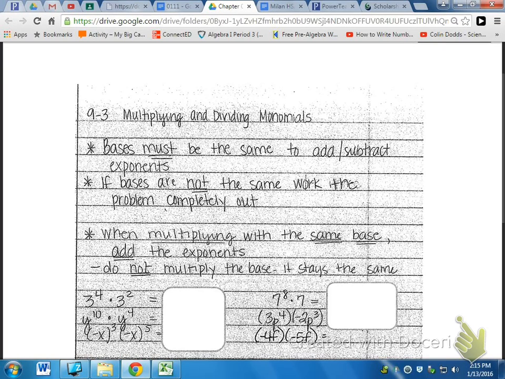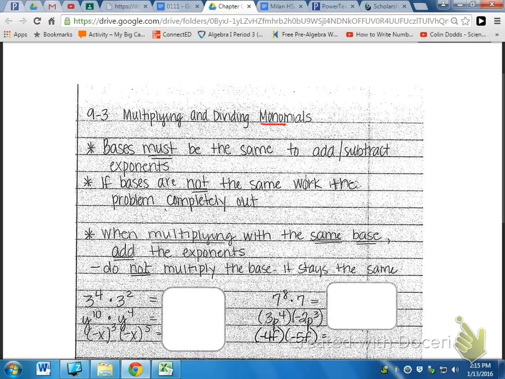Lesson 9.3, Multiplying and Dividing Monomials. I just want to mention one thing about the word monomial. Mono means one. That means one term. We've already talked about this earlier in the year. It could be a plain number, a variable, or a product of those.